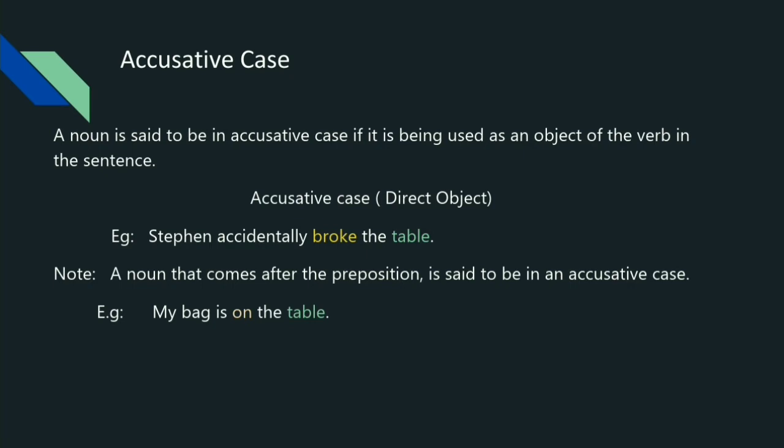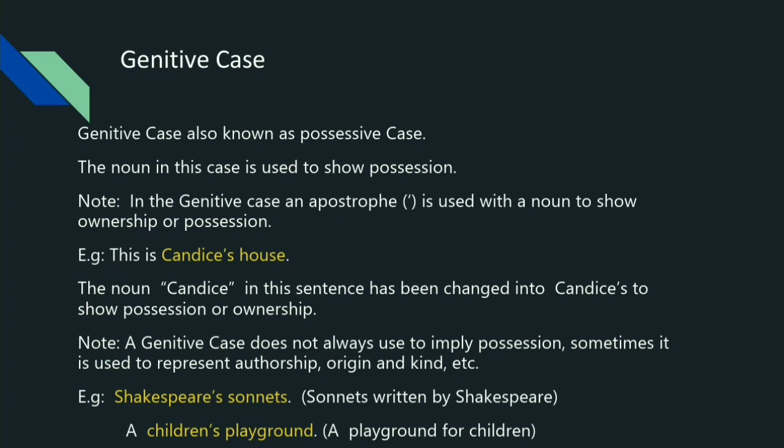Now moving forward to the third type, it is genitive case. Well, genitive case can also be known as a possessive case. The noun in this case is used to show possession or ownership. There's an interesting point to note that in genitive case, an apostrophe is used with a noun to show ownership or possession.